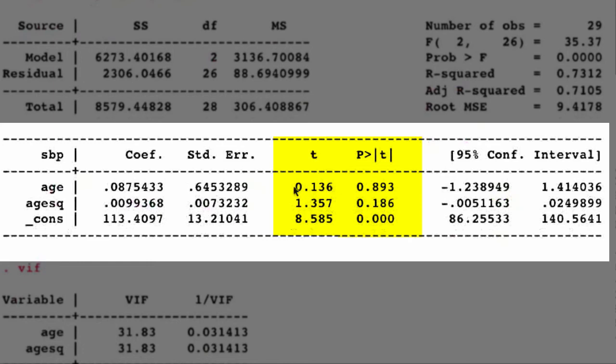Now this partial F test here asks the question: is the addition of the variable age significant to the model that already contained h squared? In my way of thinking, it's kind of a dumb question, because you wouldn't really fit a model with just h squared in it. Even if you found that it was highly significant, it wouldn't matter.